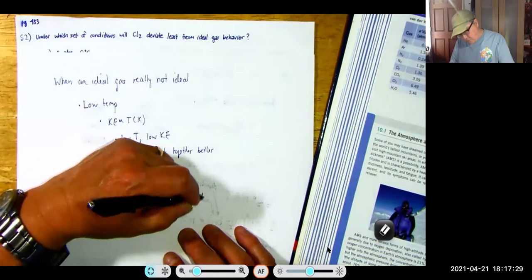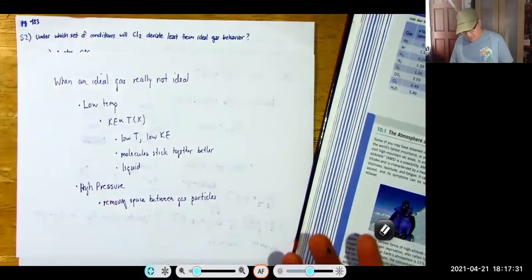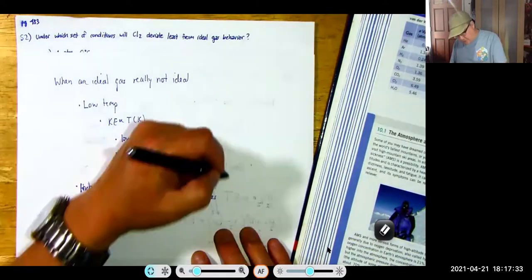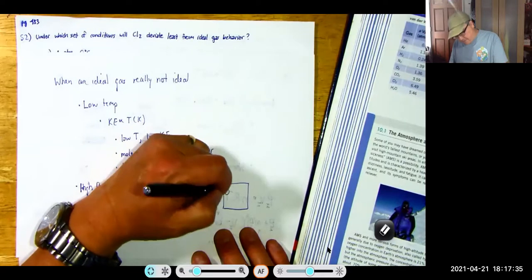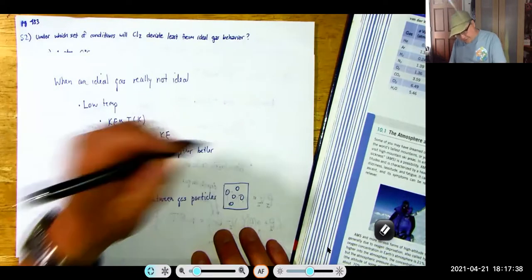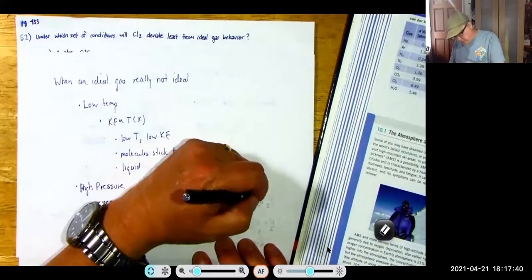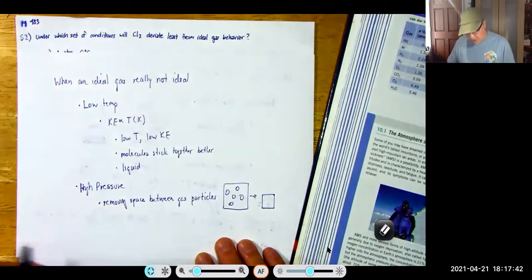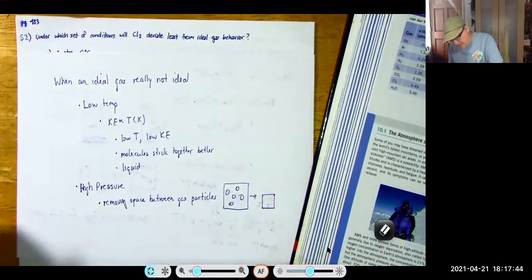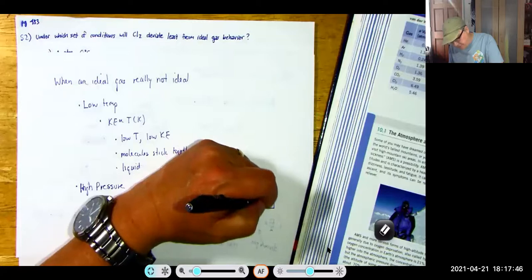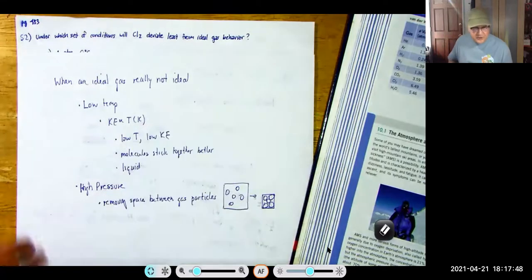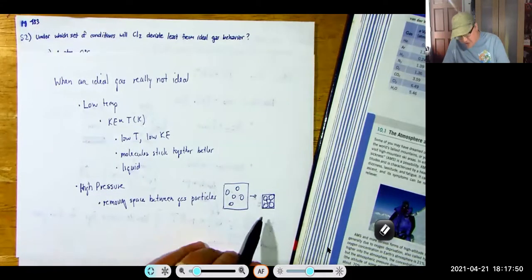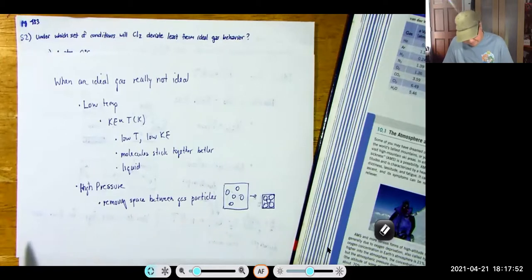Here's increasing pressure. We have 5 particles, and now we're going to change the volume so that the pressure has to go up. And here are my 5 particles, and you can see they're starting to touch. So by increasing the pressure, we have now turned this into a liquid.